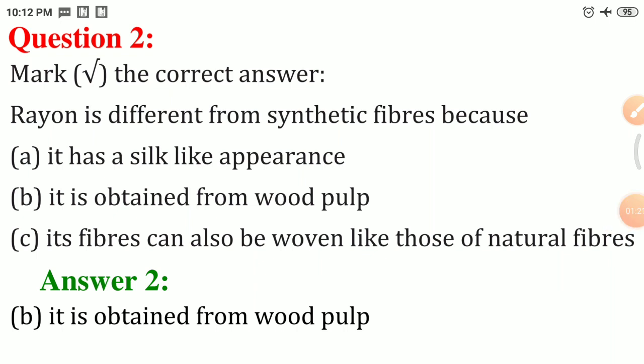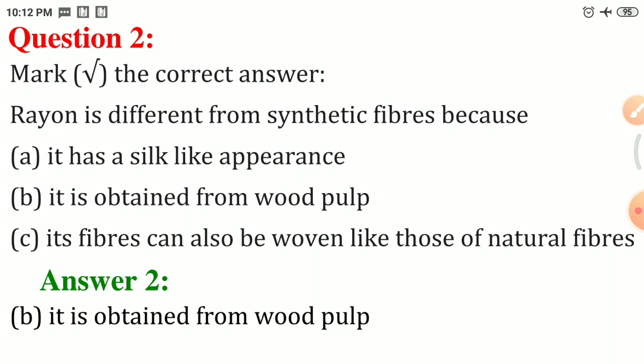Question number 2 is mark tick the correct answer. Rayon is different from synthetic fibers because A. It has a silk-like appearance. B. It is obtained from wood pulp. C. Its fiber can also be woven like those of natural fibers.